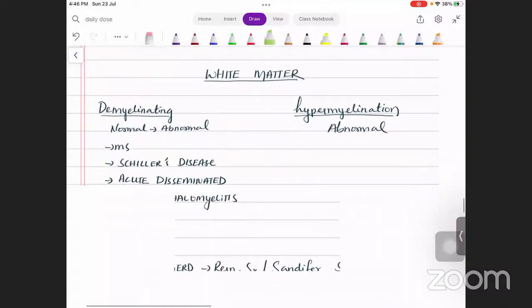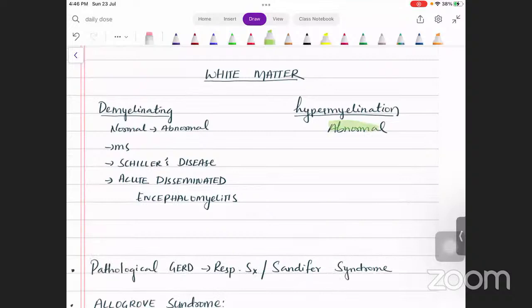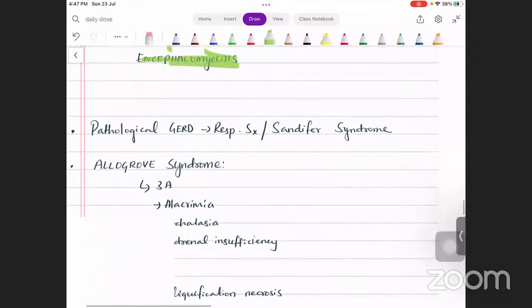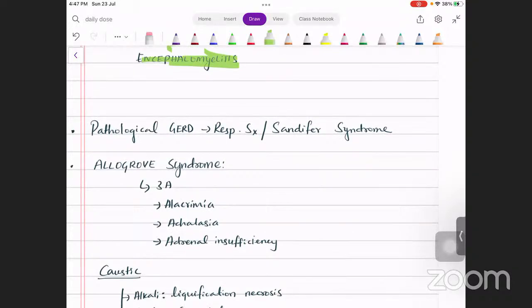White matter disorders include Schilder's disease, multiple sclerosis, and acute disseminated encephalomyelitis. Okay, so these are the important ones you have to know.